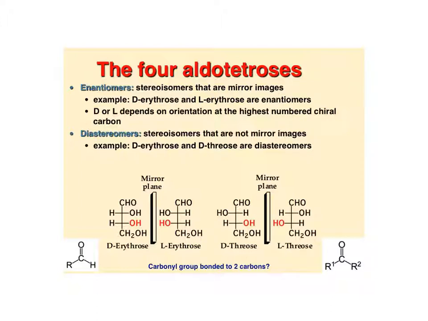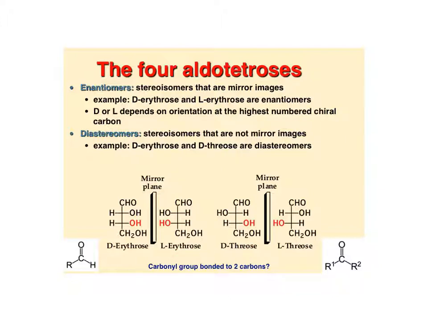For those currently in organic chemistry, we haven't covered this yet, but for those who've already had it, the example here is that we have the two enantiomers of erythrose, but if you compare erythrose to threose, only one of the alcohols has been switched, not the other. So these are still stereoisomers of each other, but they are not mirror images, and that's why they're called diastereomers.